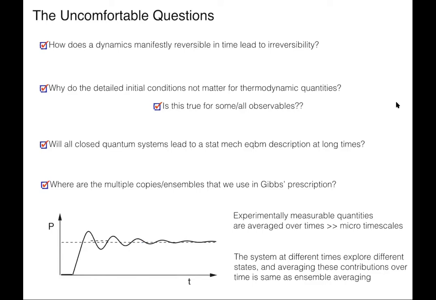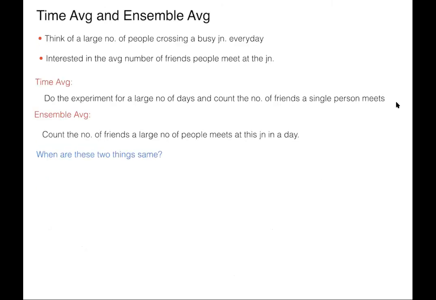That's the statement we keep on making. This started with Boltzmann trying to think about what these ensembles are. And you might have often heard this in the colloquial phrase, time average is equal to ensemble average. So here's what people mean.